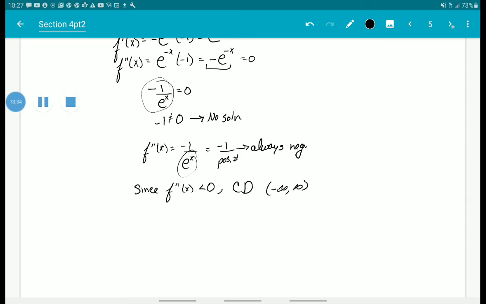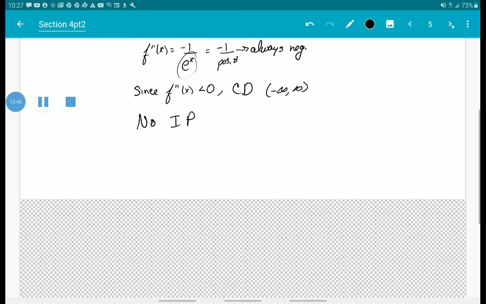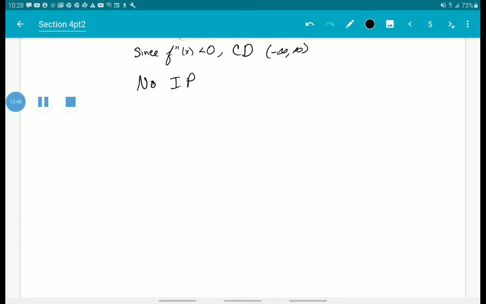It's always concave down. So that means there's going to be no inflection point for this particular problem. To have an inflection point, there has to be a change in concavity, and this one just doesn't have any changes.